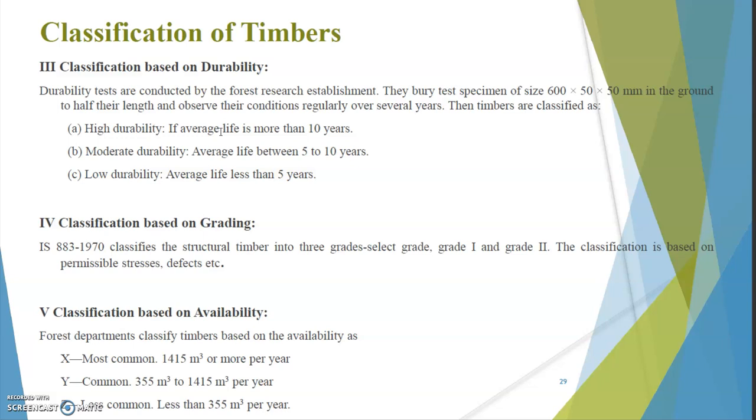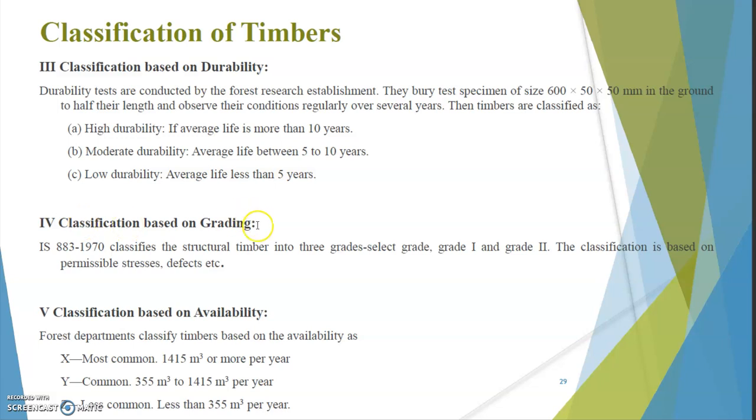Like that, they have a set of norms to name timber in terms of durability based on that observation, right? High durable timber will have a lifetime of more than 10 years, moderate durable timbers 5 to 10 years, and low durability will be less than or equal to 5 years.